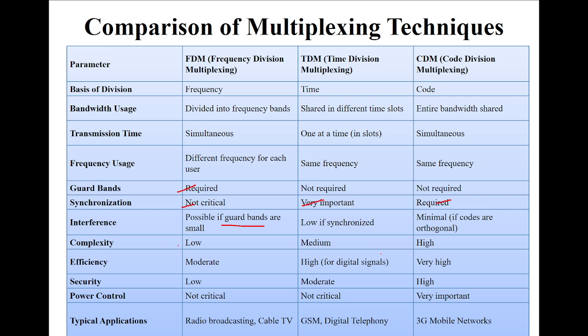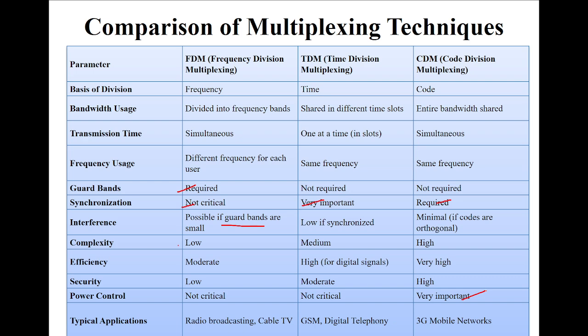CDM has high complexity. Efficiency: moderate, high, very high. Security: low, moderate, high. Power control is very important in CDM, not critical in FDM and TDM.